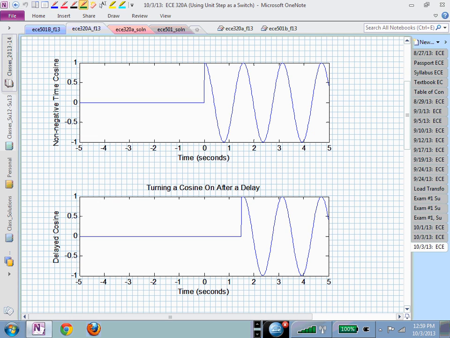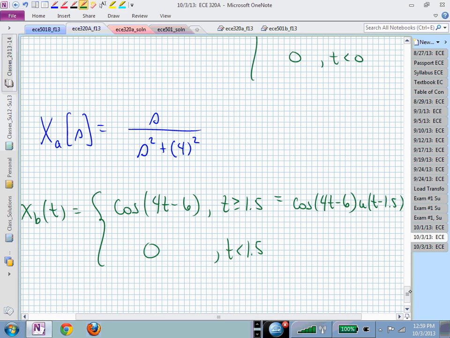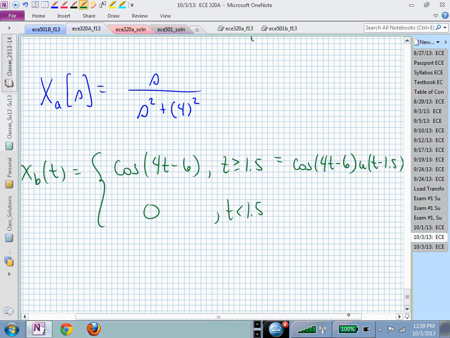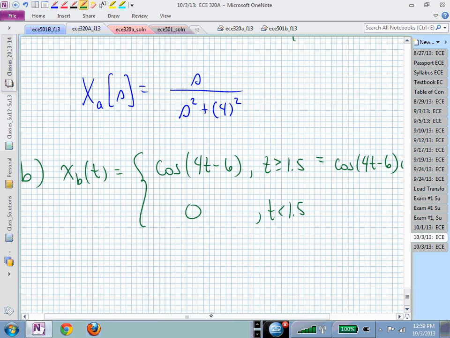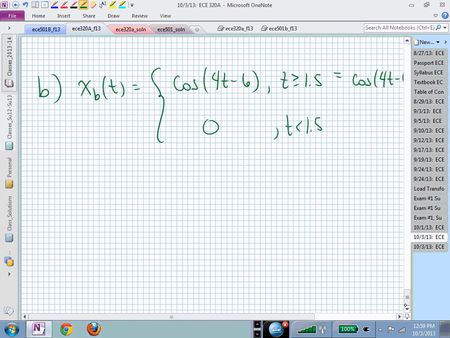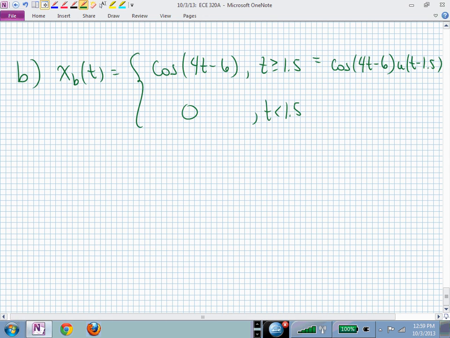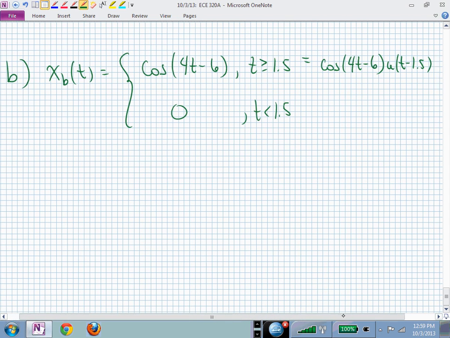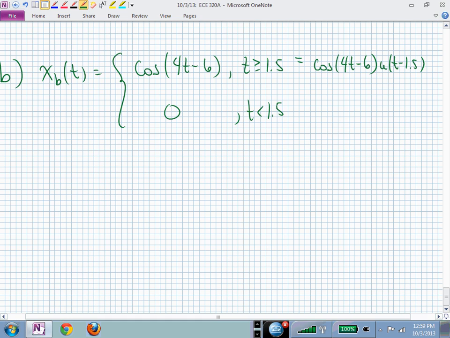They're very similar. What we need to do then to find x sub b of s is make sure that we can match up the argument of the cosine with when the switch is happening.